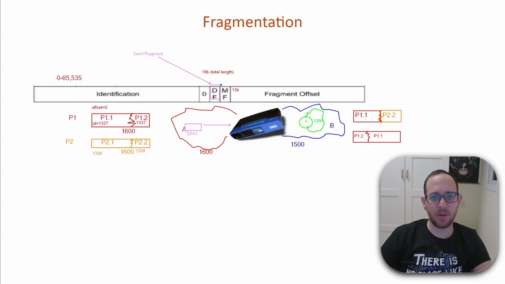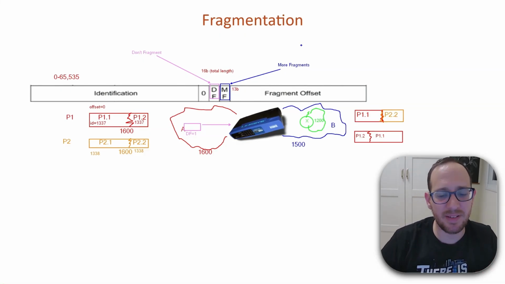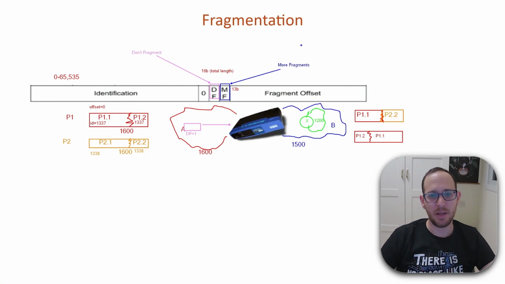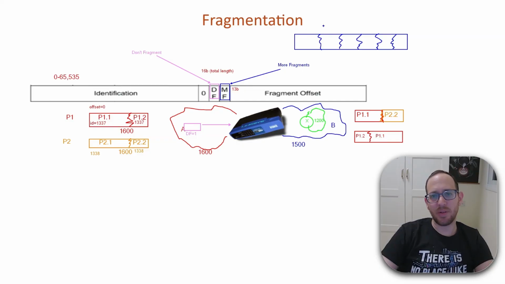The other bit here, called MF, for more fragments, tells us whether this specific fragment is the last one within the packet. So if, say, we have this very large packet that gets fragmented once, twice, and more times, then all of the fragments, with the exception of the very last one, would have an MF of 1.